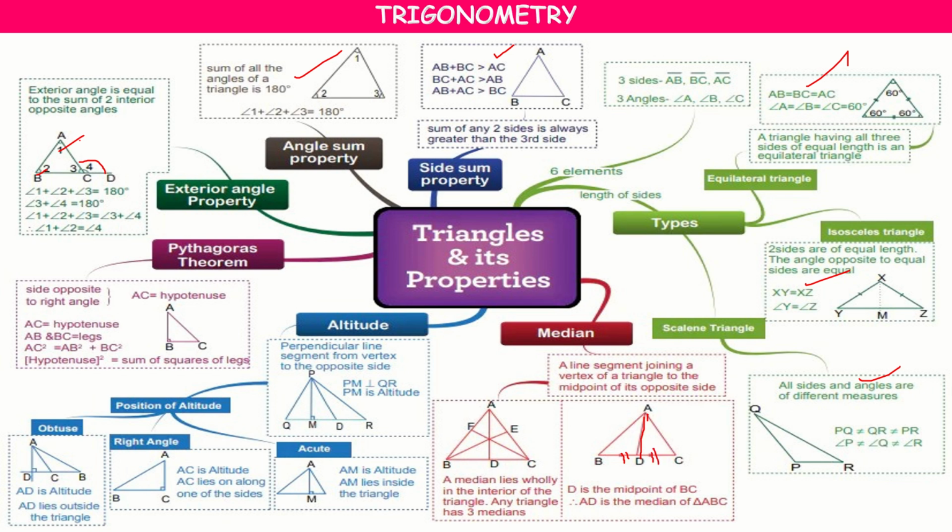If we draw one more median, same, vertex to the opposite side. Here whatever the distance is, the same distance will be there, right? And from here also we can draw one more median, vertex to the opposite side. Here whatever the distance is, the same distance will be here.